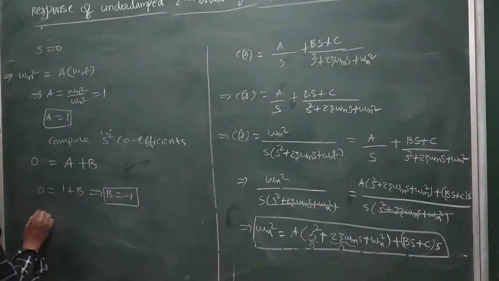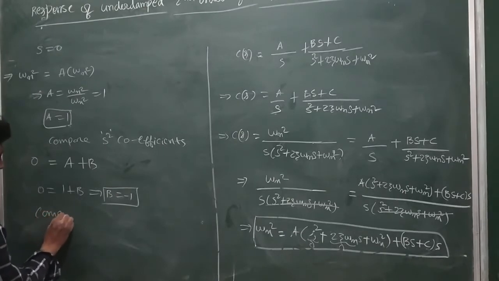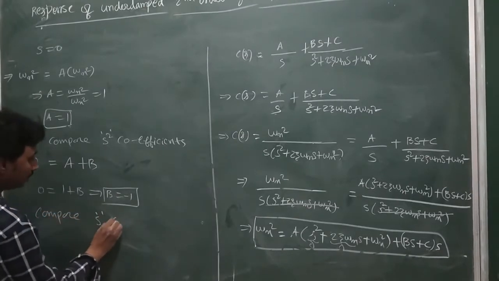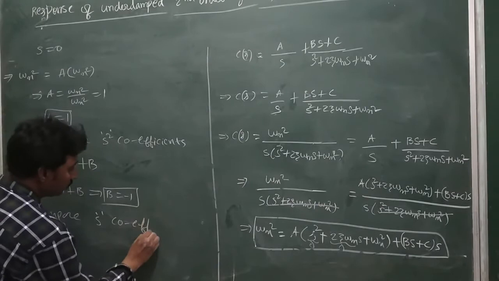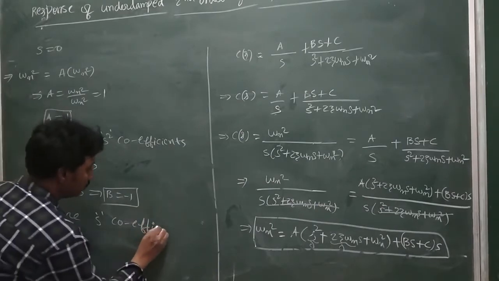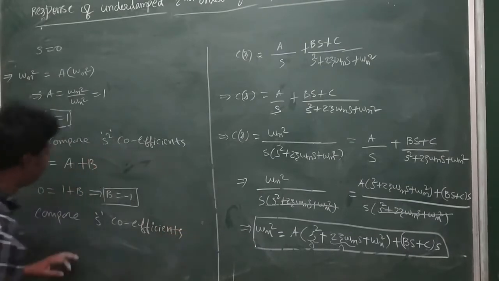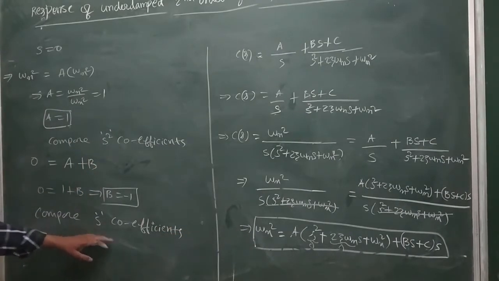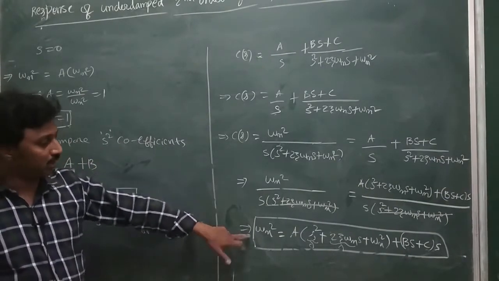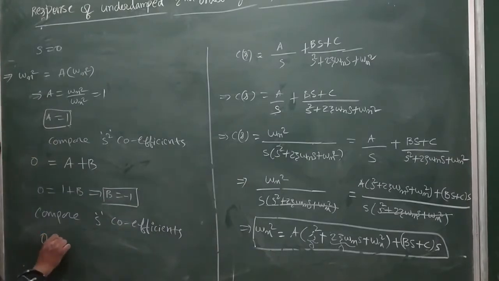So again you compare s coefficients. On this side there is no s coefficient, so you just put the 0.